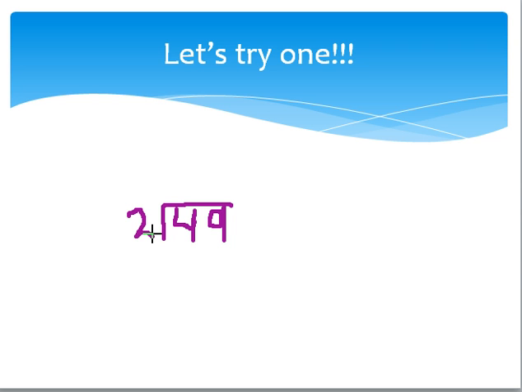Does McDonald's sell burgers? You know that you have to divide first. So you think 4 divided by 2, which of course equals 2. So you put the 2 on the top.